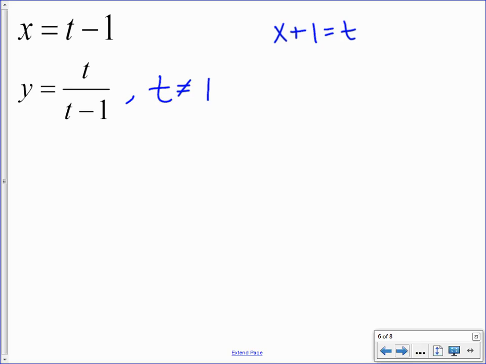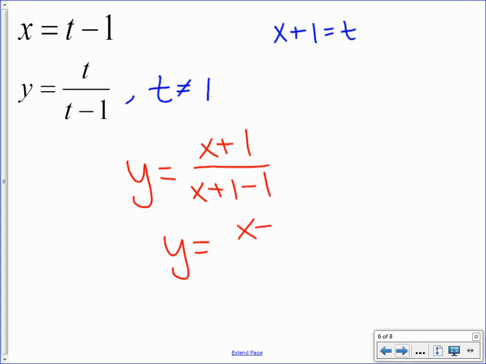I think that's going to be a lot more work in the end. Okay? Always stick with the simpler of the two. All right? So x plus 1 equals t, which means when we go to plug it in, y equals (x plus 1) over (x plus 1 minus 1), or x.